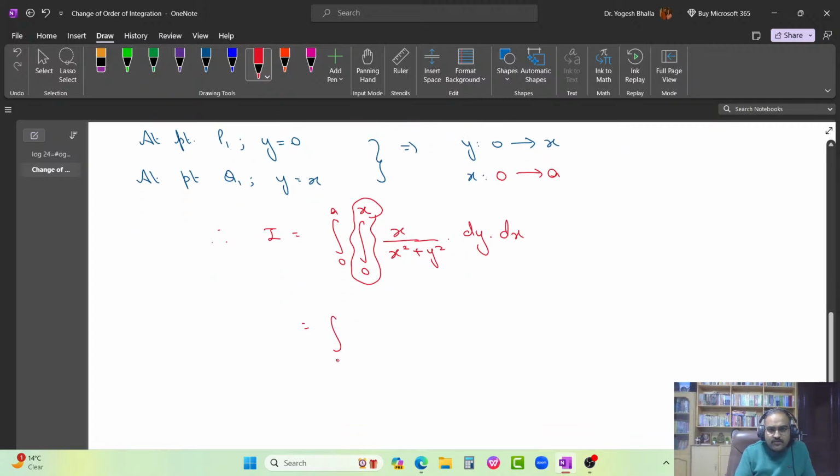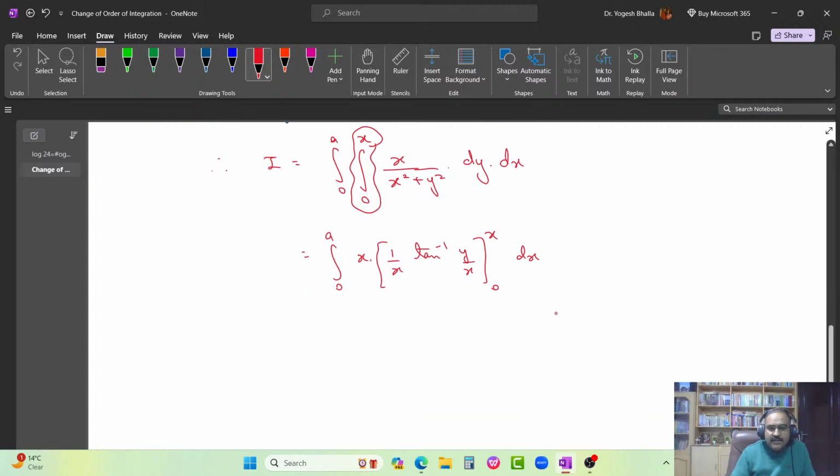It reduces to integral 0 to a. Now when integrating with respect to y, x is a constant, so keep it outside. The integral of 1 upon x square plus y square is 1 upon x tan inverse y upon x within the limits 0 to x, and dx.